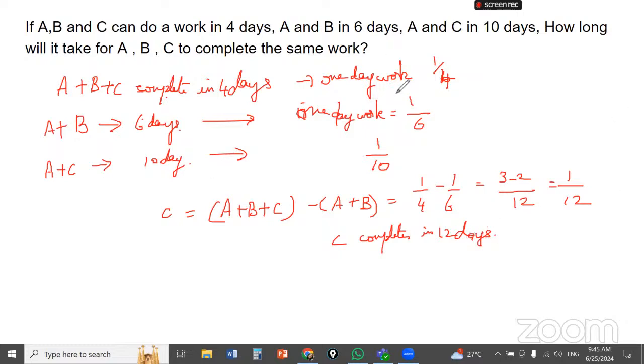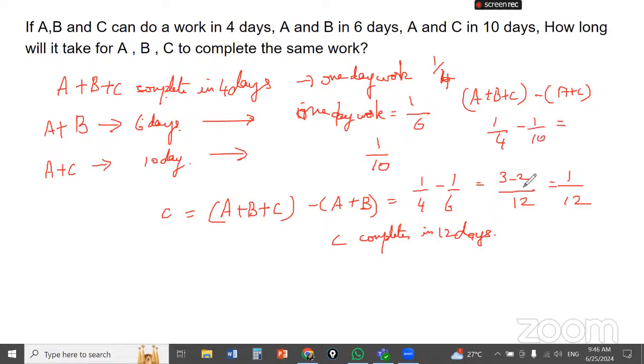In the same way, from A plus B plus C, if we subtract A plus C, we get B. When you do this, you get B alone. So that is nothing but 1 upon 4 minus 1 upon 10.